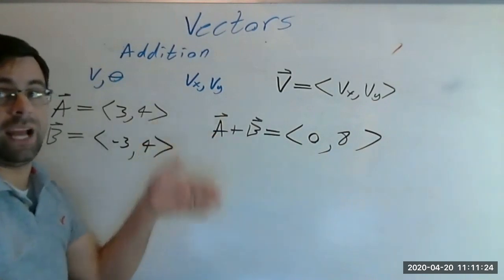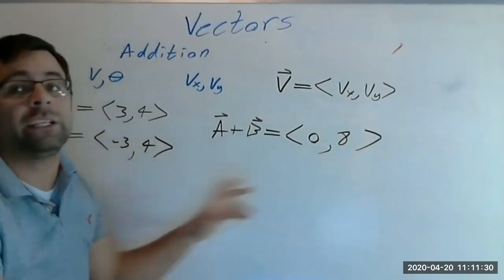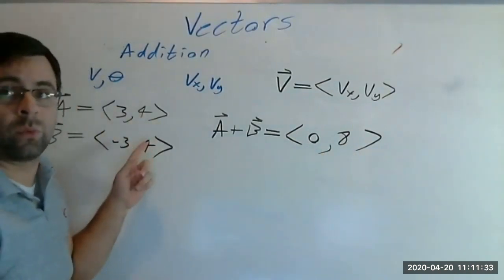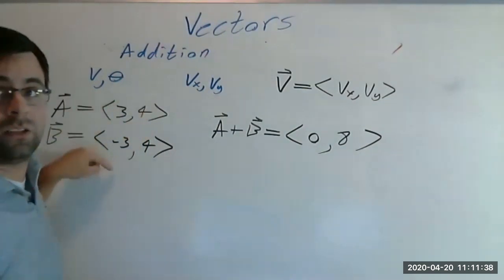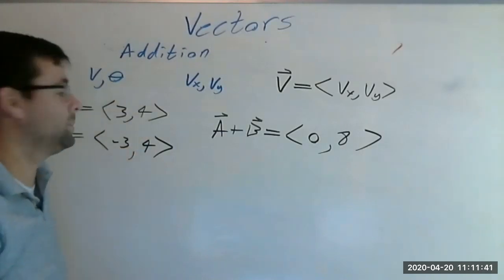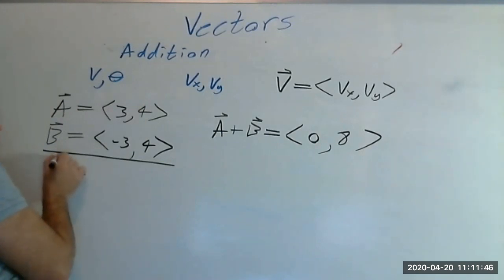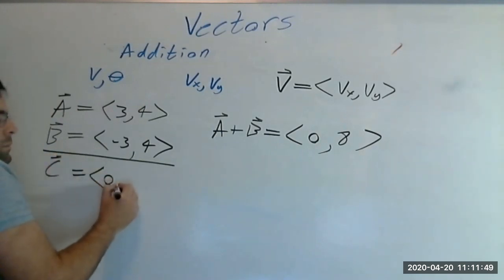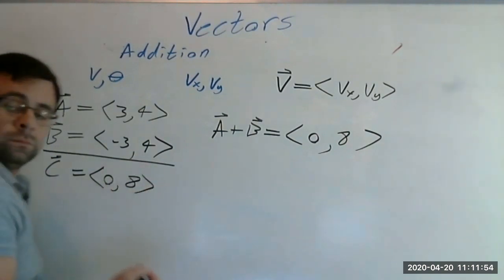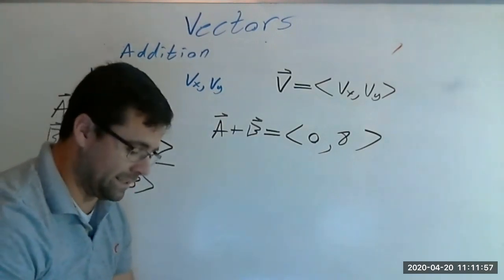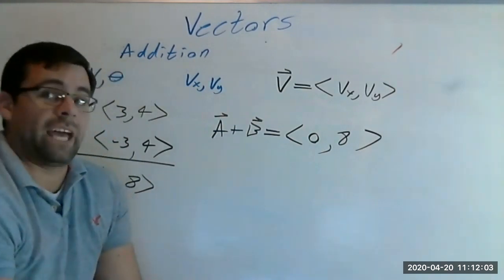You add the two x's, and it becomes the new x. You add the two y's, and it becomes the new y. It's part of the reason I like this framework, because you just add them by stacking them on top, and all the ones in this column together, all the ones in this column together. So it really is that simple. You add vectors and you just add up the components.